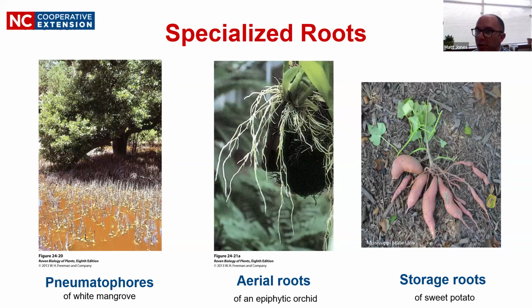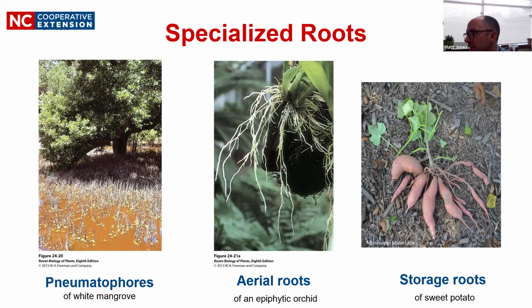Other aquatic plants have other adaptations for that, but pneumatophores are how mangroves deal with it. Orchids can have structures called aerial roots, because many orchids are epiphytes, so they grow on other plants, and they have special tissue layers that allow them to absorb water from the humid air quite efficiently.